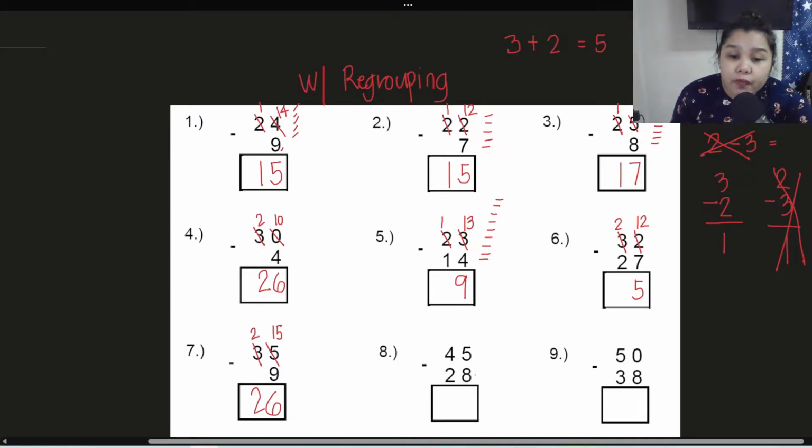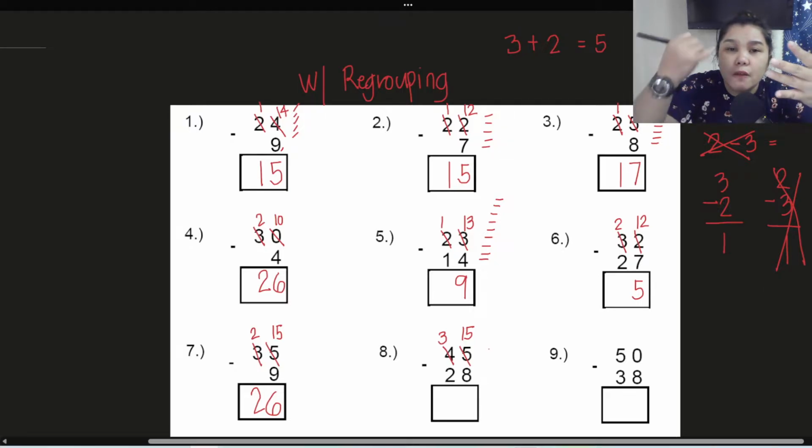Next, for 45 minus 28. 5, pwede bang kunan ng 8? No. So, we get ready. We borrow from 4. This becomes 3. And this, because we borrow from 5, it becomes 15. So, 15 minus 8. Let's count. 8 papunta sa 15. 8, 9, 10, 11, 12, 13, 14, 15.